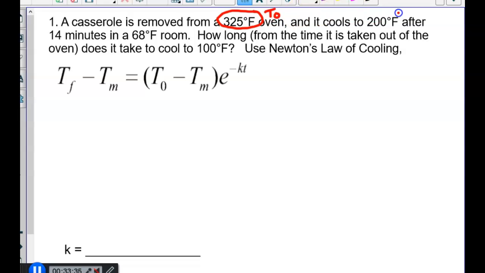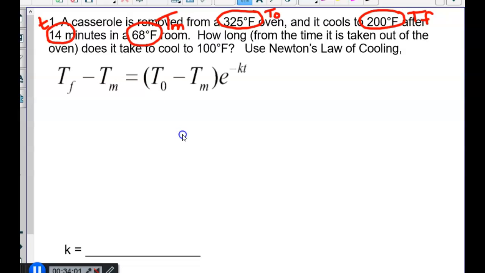It cools to 200, so that is the final temperature momentarily. After 14 minutes, that's a time. In a room that's 68, T sub S or T sub M. Okay, it's the surroundings or the medium. I think it's an M on your actual quiz.